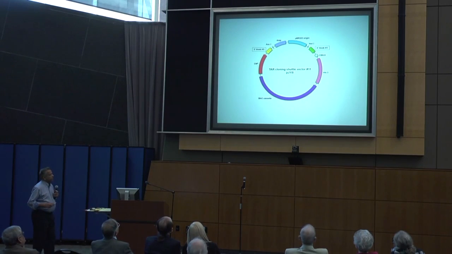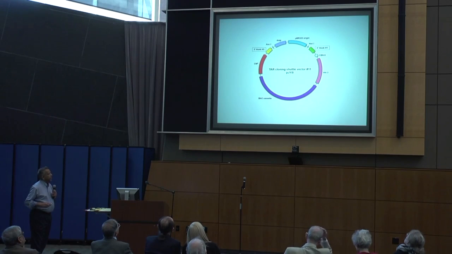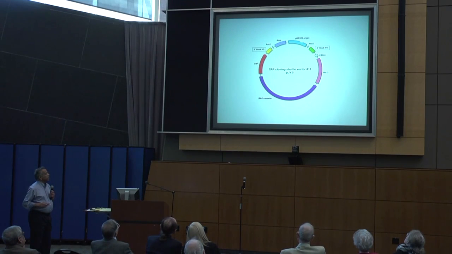This illustrates some of the features of the vector that we use. The hooks are cloned at this point, and this vector can be amplified in bacteria. And then when we are ready to do the transformation, we cut out this part which is responsible for amplification in bacteria, and then make this vector linear.